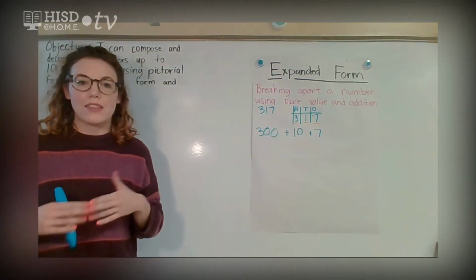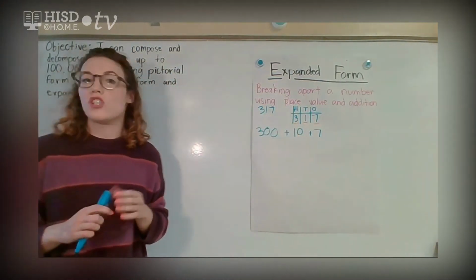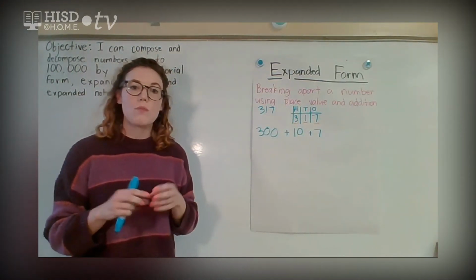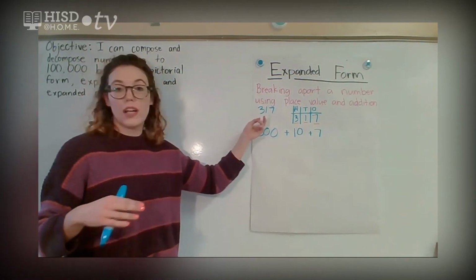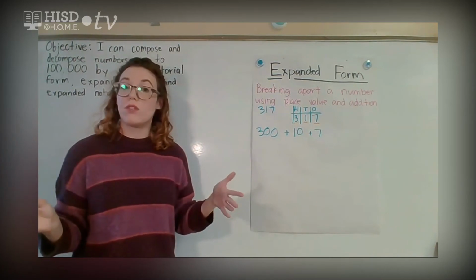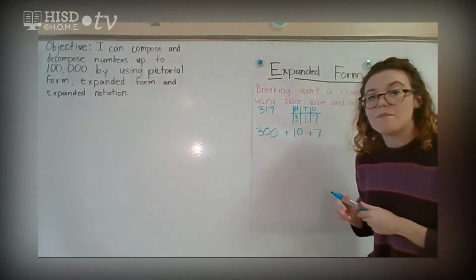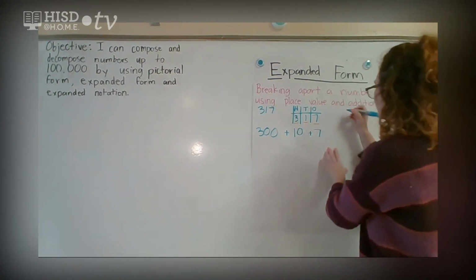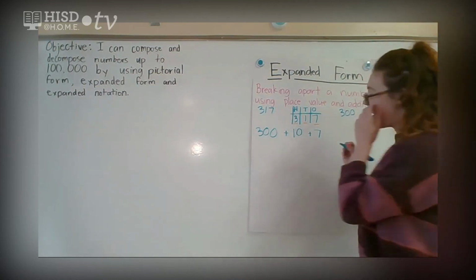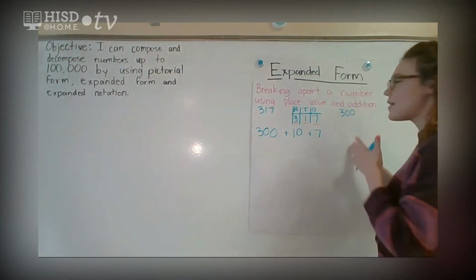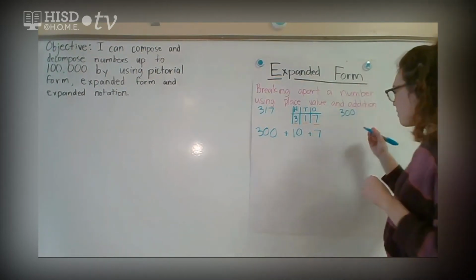And if I were to add those together, I need to make sure that this is the number I get. I'm not changing my number. I'm just breaking it apart and representing it differently. So if I don't have the same number, 317, then I did something wrong. So on the side, I'm going to just add. I need to make sure to line up my numbers. I have 300, and I always line them up by the decimal, which we don't use decimals in 3rd grade, so we use the ones place.